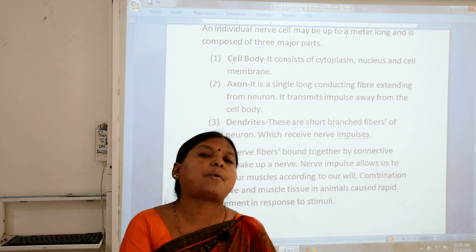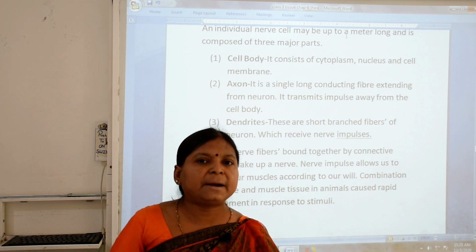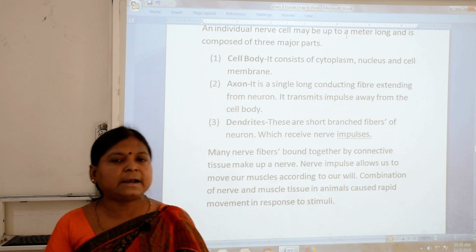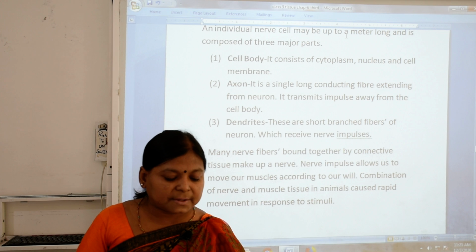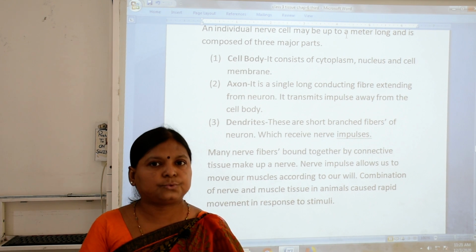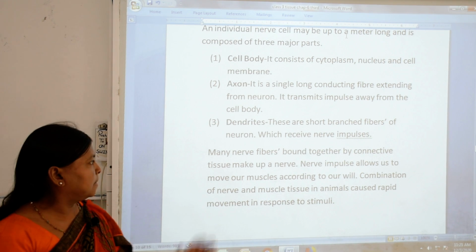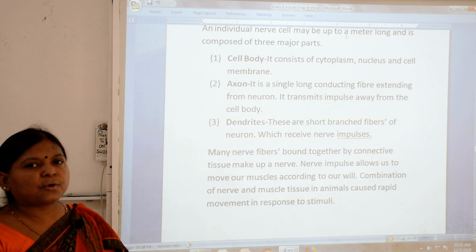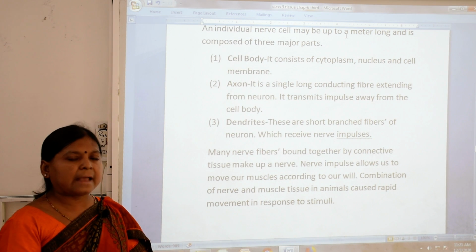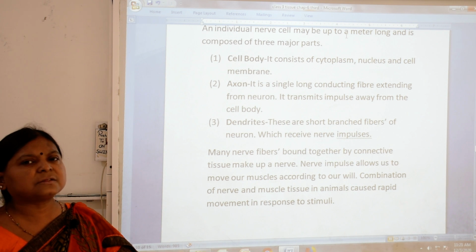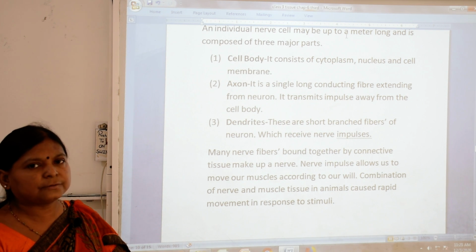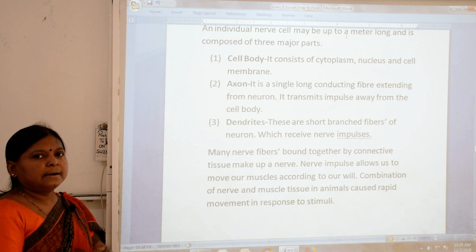Then we studied animal tissue: the epithelial tissue, next the connective tissue, then the muscular tissue and nervous tissue. So study it well because it is very important, and learn all the structures and functions very well. Thank you. Now it is finished. Next I will take the diseases.